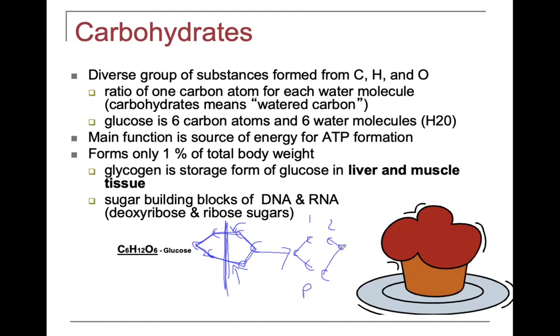Pyruvate can now enter. By the way, when you're looking at a cell, here's the cell, here's the nucleus. Glycolysis takes place here in the cytoplasm. And once you have pyruvate, pyruvic acid or pyruvate, that in the presence of oxygen can enter into the mitochondria.